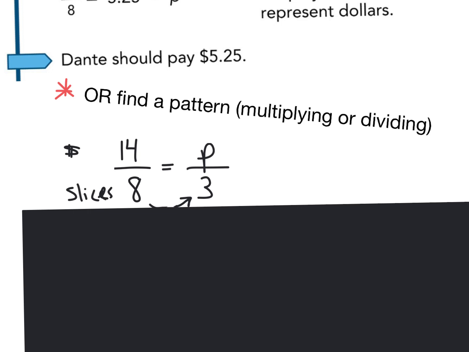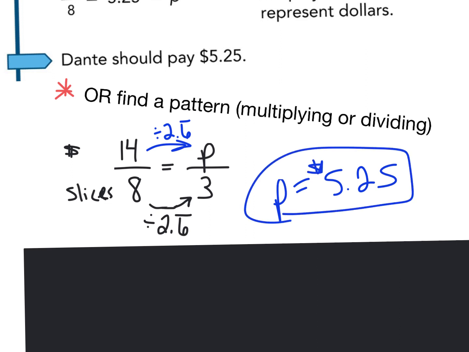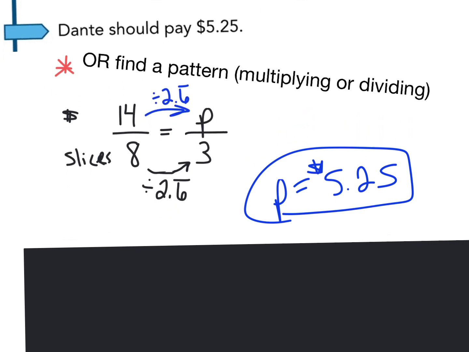So finding a pattern, if we go across, if you do the bigger number divided by the smaller number, so 8 divided by 3 is 2.6 repeating, and then we would do the same pattern in the numerator. So you do 14 divided by 2.6 repeating, and you'd get the same answer, $5.25.